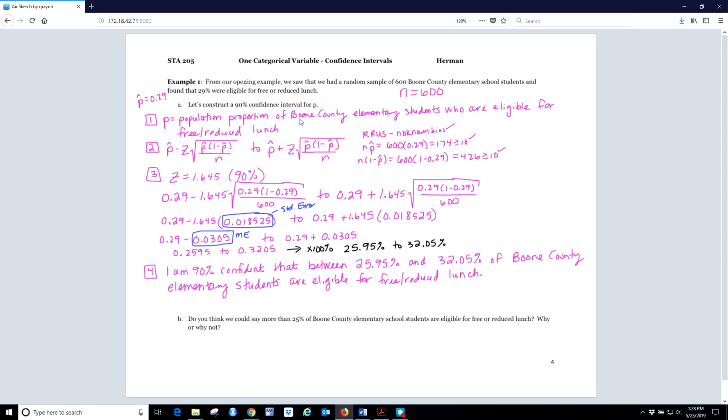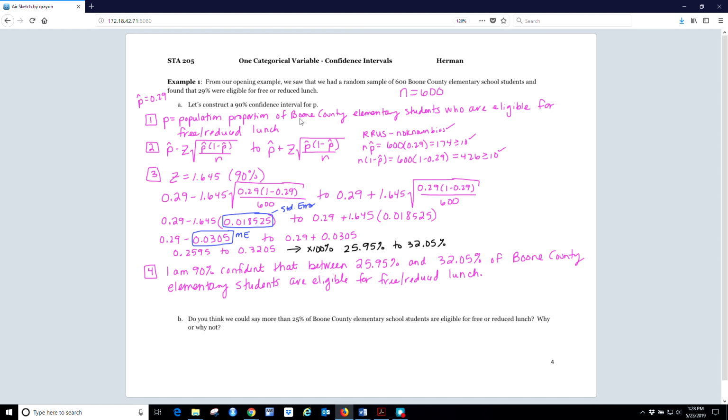Now, a follow-up question that we may be asked is provided here. Do you think that we could say that more than 25% of Boone County elementary school students are eligible for free or reduced lunch? Why or why not? Well, first, let's make sure we're looking in the correct spot to determine this.